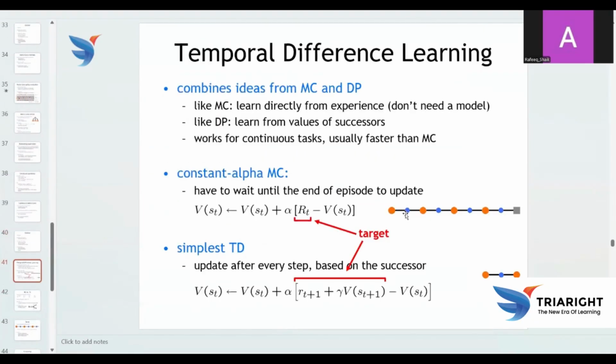Then we check temporal difference, which is the combined idea of DP and Monte Carlo. Like Monte Carlo, it can learn from raw experience, right? And like DP, it updates the estimate based on other learned estimates and does not wait for the full episode, right?